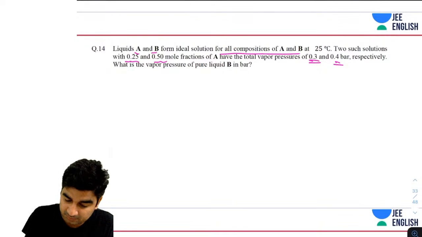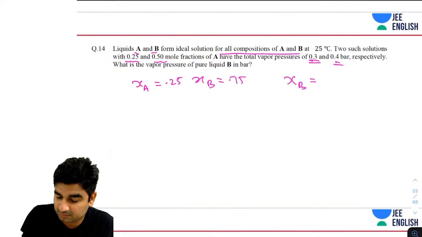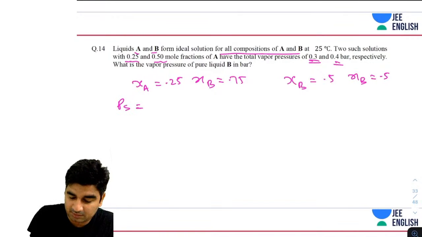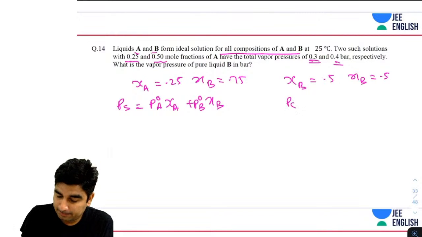So first solution, mole fraction of A is given, and for the second solution, the total pressure PS will be given.